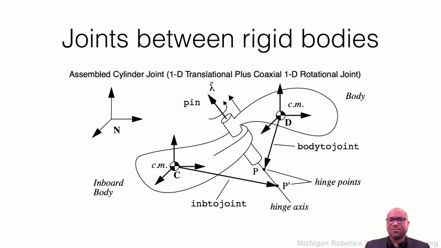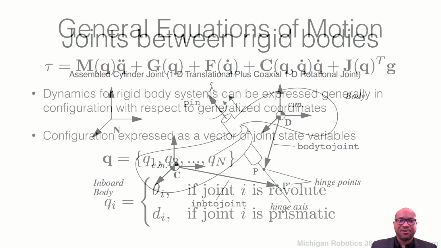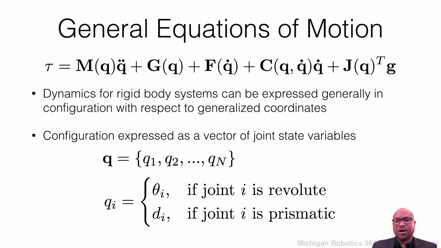So we have to consider the distribution of mass and inertia about this system. But it also leads to a more general notion of the equations of motion. When we think about the dynamics of these rigid body systems, it leads to a much fuller expression that requires us to think about this in terms where our variables now become vectors.